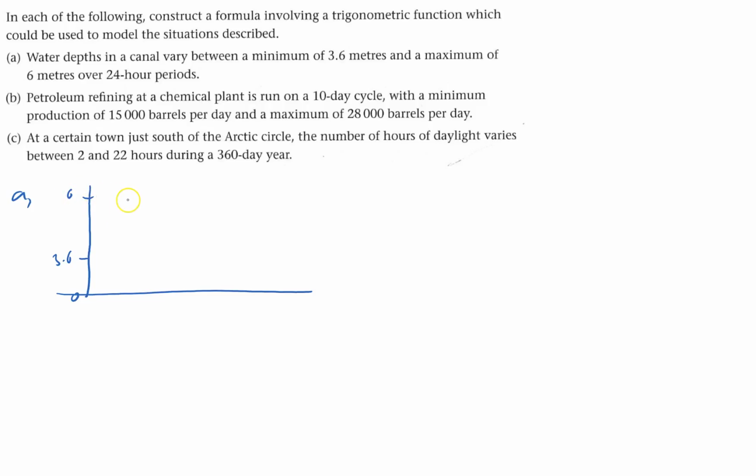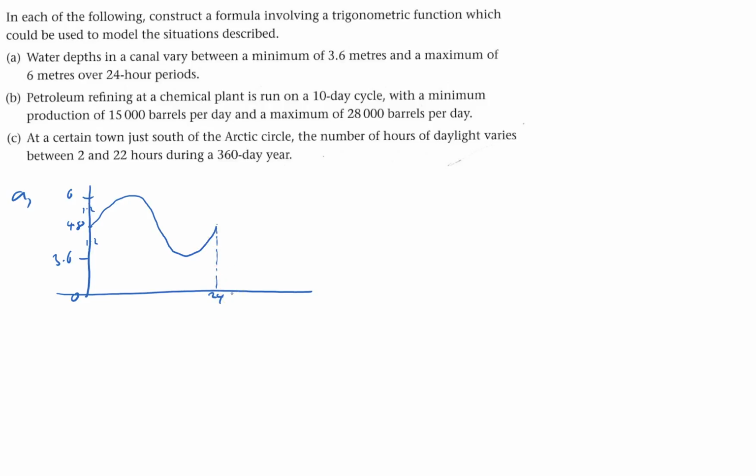And it goes between those, so that's a gap of 2.4, so that would be 1.2 down from there. That would be 3.6, add 1.2, gets 4.8. So it could start at 4.8, and in 24 hours it's going to cycle through to there, get back to where it started again, and that's 24 hours.